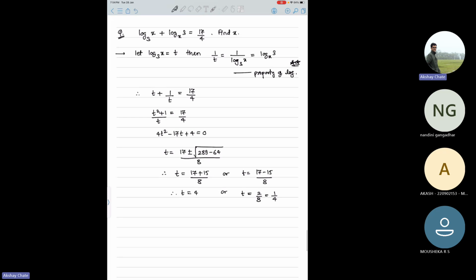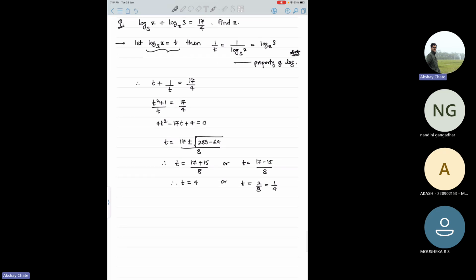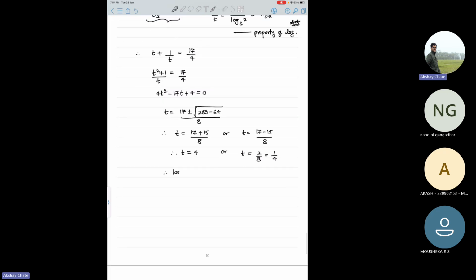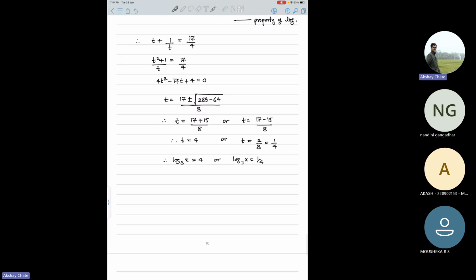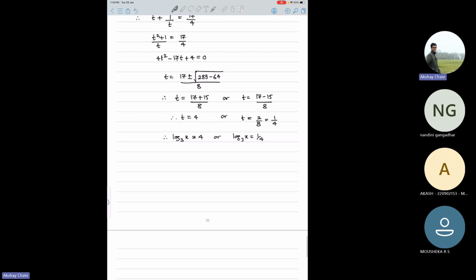But this is our substitution. Therefore, log base 3 of x is 4, or log base 3 of x is 1 by 4. Both cases are possible. You cannot neglect one over the other here. So you need to use the property of log again.